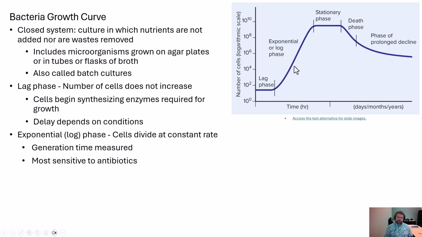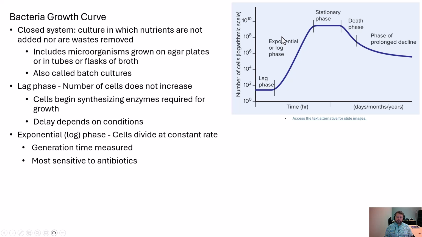In ecology, when we're dealing with populations that we might want to sample, and this can happen in micro also, we want to sample at that phase. It's called the maximum sustainable yield. So the MSY is halfway.